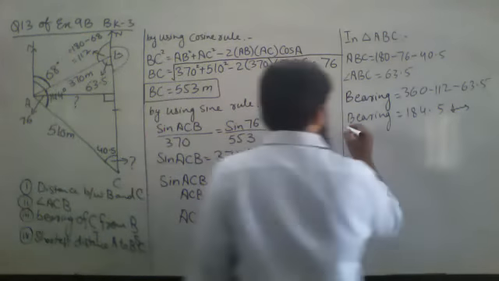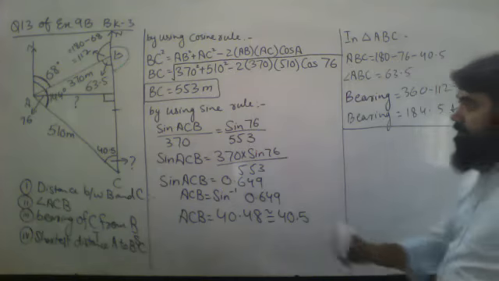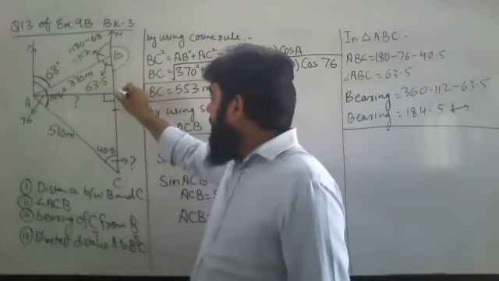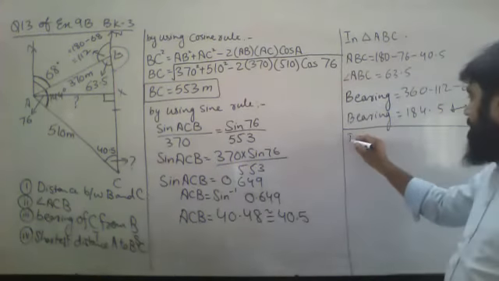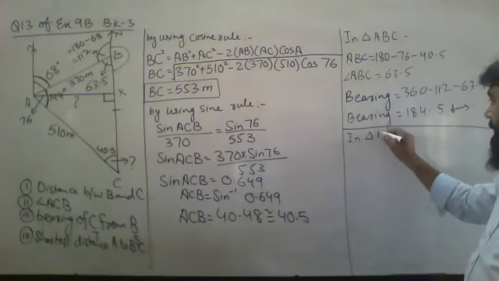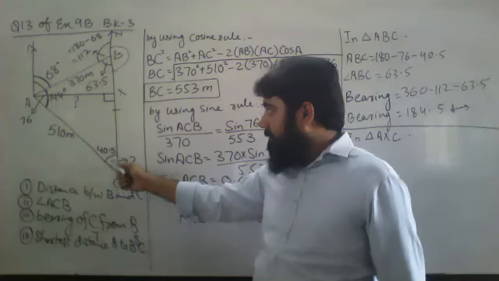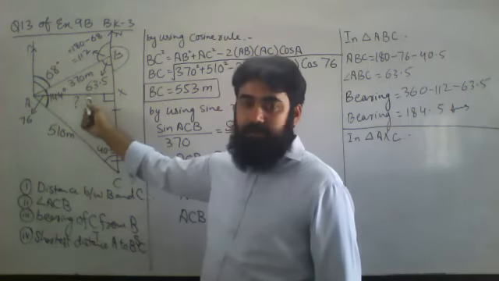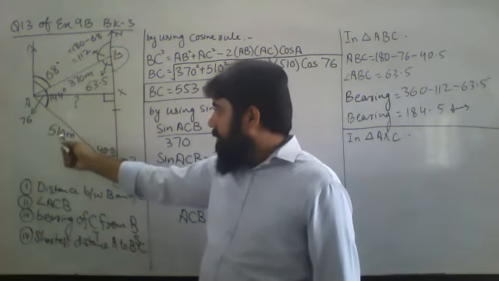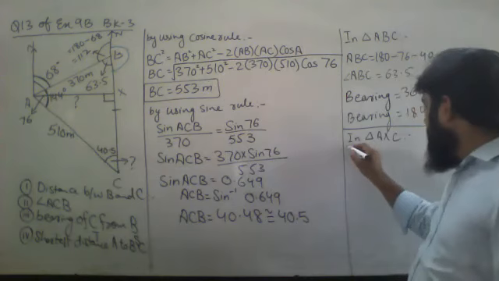So last one, I'm naming it as X in triangle AXC. This is given, this has to be found. This is your hypotenuse.